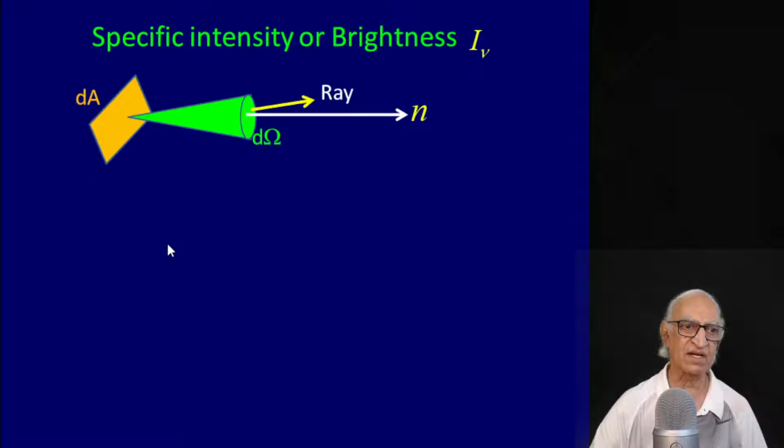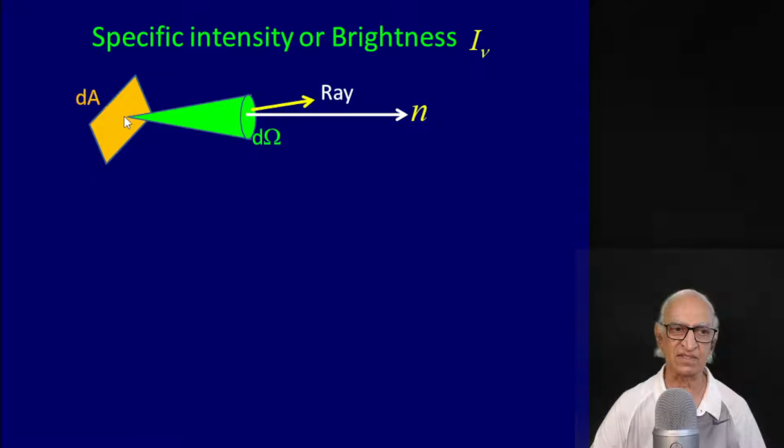Let us consider an elemental area dA, and there is radiation incident on it from the left and going through to the right hand side. Let us concentrate on the radiation that flows into a narrow cone of solid angle d omega, with the axis of the cone indicated by this unit vector n perpendicular to the surface area dA.